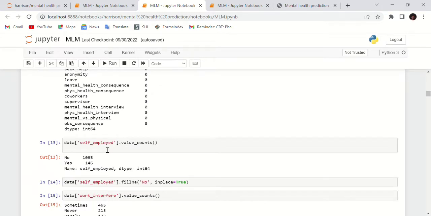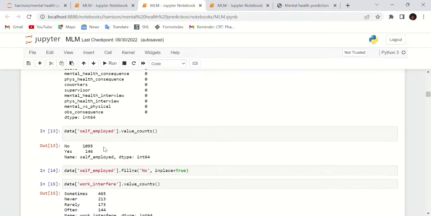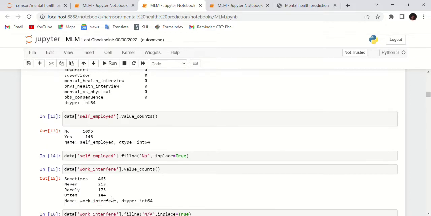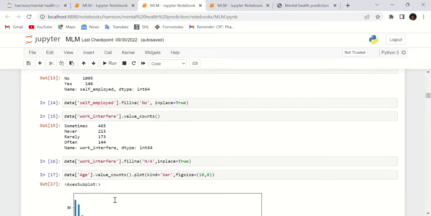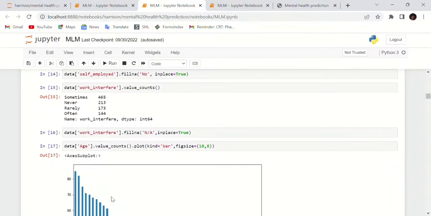We observe that two columns, self-employed and work interfere, contain null values. Let us fill the self-employed column with no and the work interfere column with NA in place of null values. In order to do this, we will make use of the fillna function. Now our data set is free of null values.